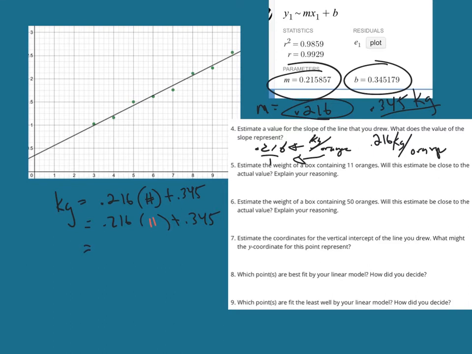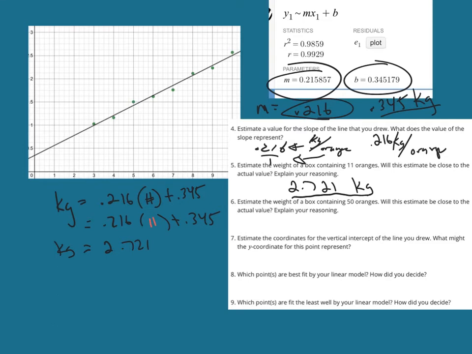We process 0.216 times 11, add 0.345, and we get a value of 2.721. And so we've recorded our answer here. So about 2.721 kilograms, which at 10, it was 2.569. So it went up by about 0.216 kilograms.